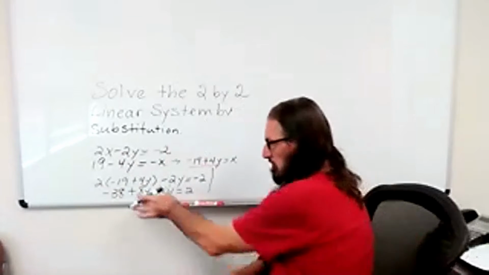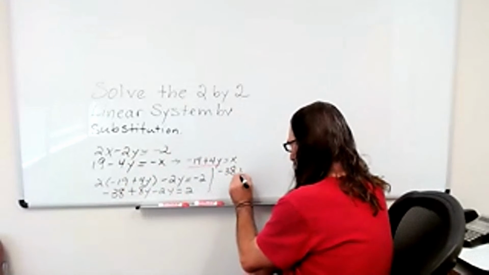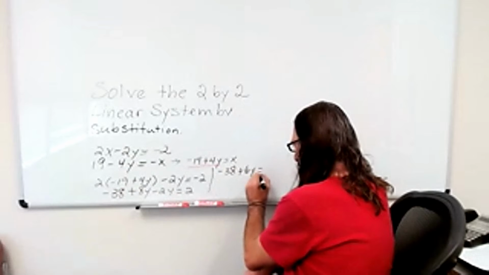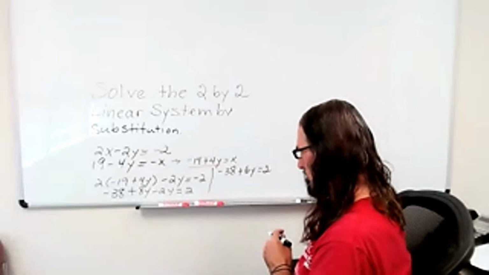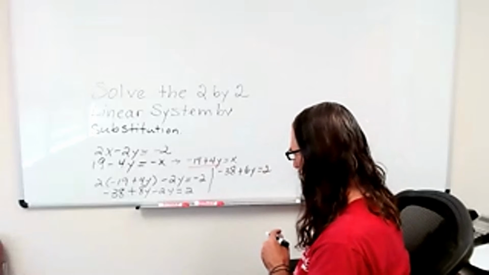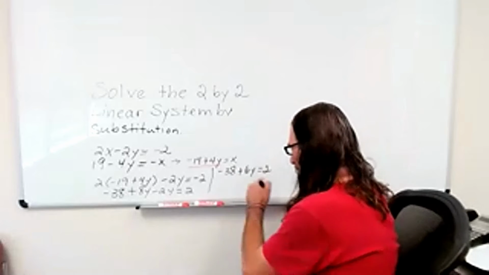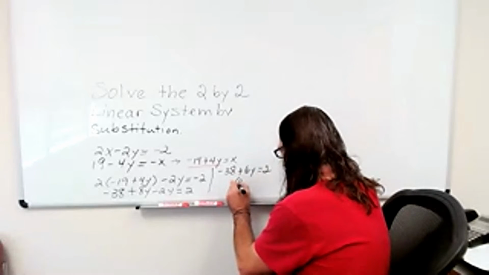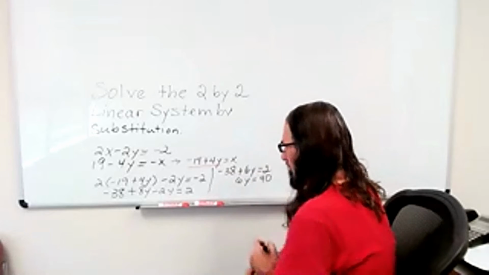So same operation, do that subtraction. Combine the like terms that are on opposite sides. So we will add 38. Opposite side, opposite operation.